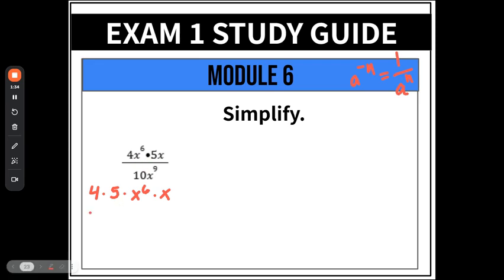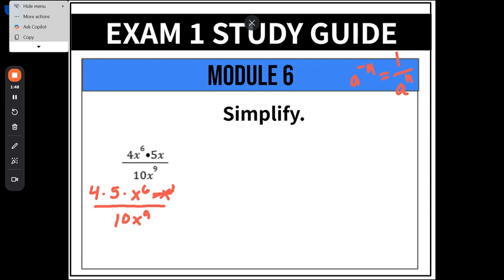That's all that I did here, okay? And I'm going to leave the bottom the same, 10 times x to the 9. Okay, so now, also this is an understood one, but I'm going to write it just so it's helpful for us. Oops. This is a 1.